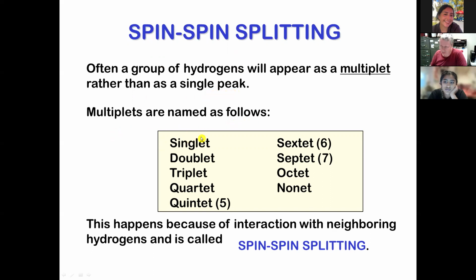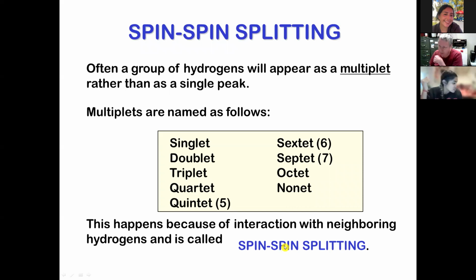Multiplets are named as follows: singlet, doublet, triplet, quartet, quintet, or sometimes called pentet, sextet or hextet. 7 is called a septet. We have 8, there's the octet.